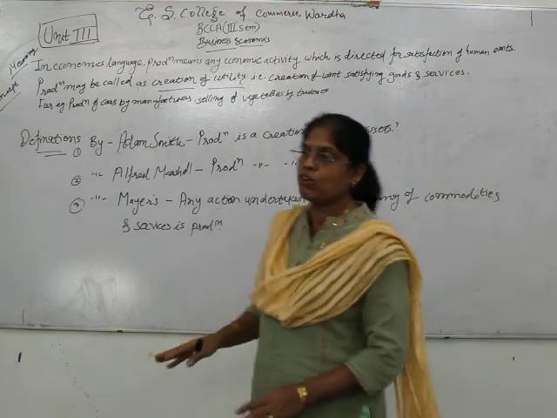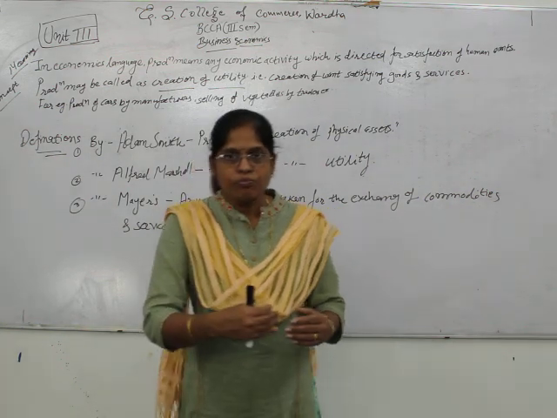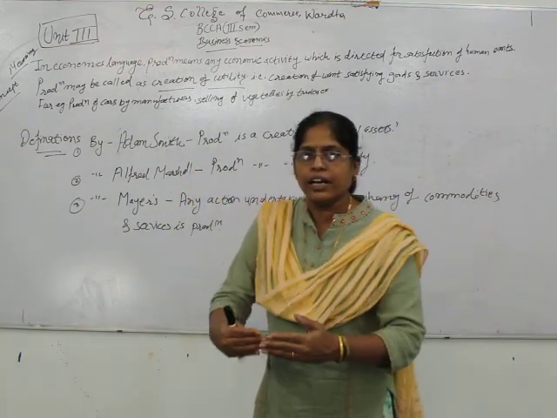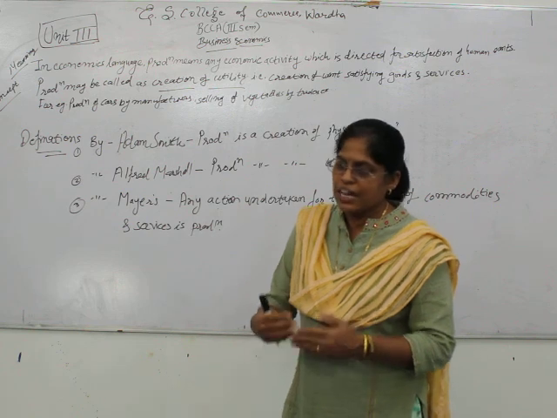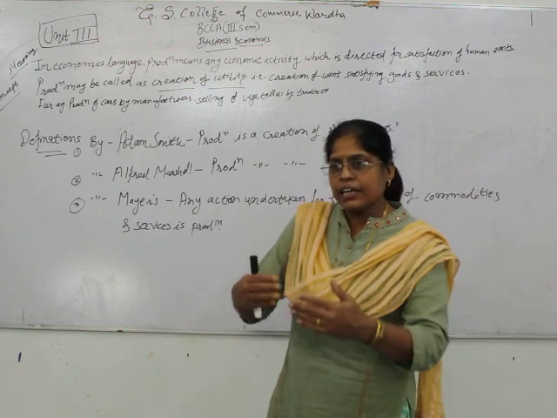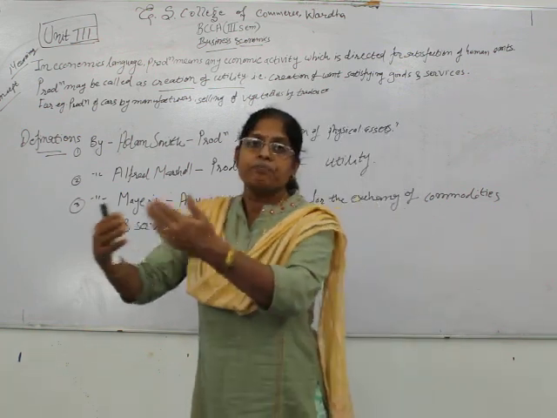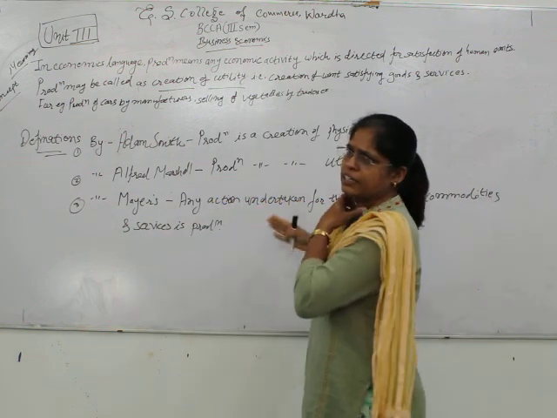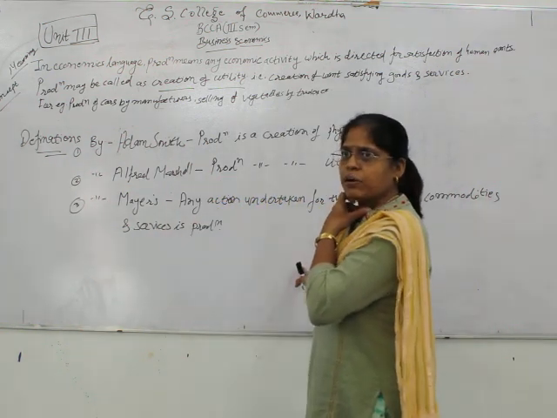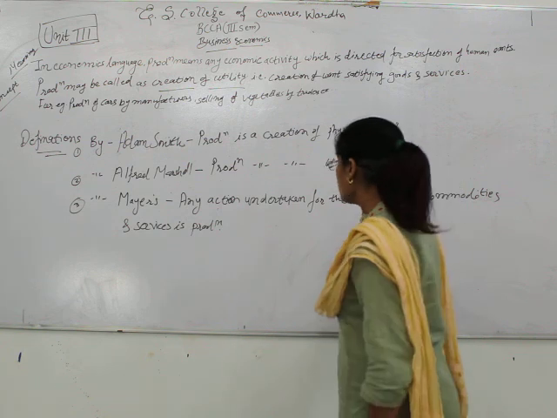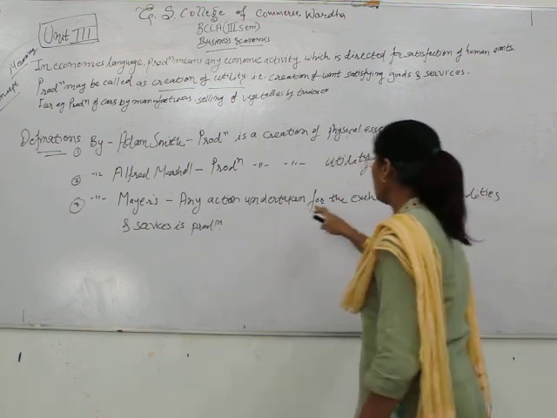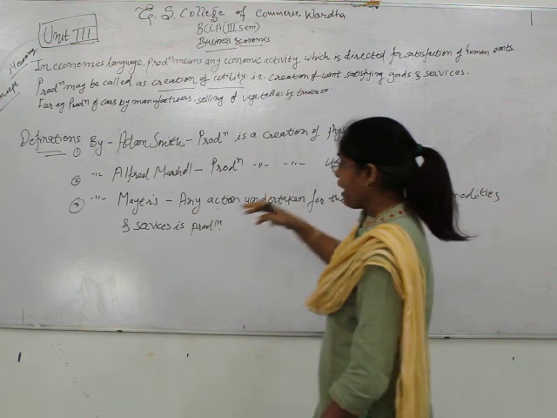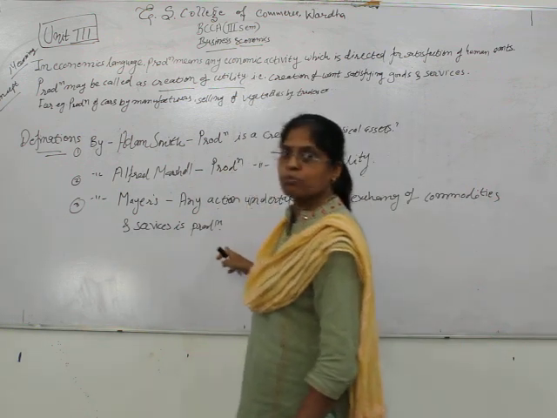Exchange means once the goods are prepared, the goods are ready to sell. The producer is producing the goods and then he is selling them to the consumers or in different markets, such as the wholesale market, and there these goods are sold. So any action undertaken for the exchange of commodities and services is production.